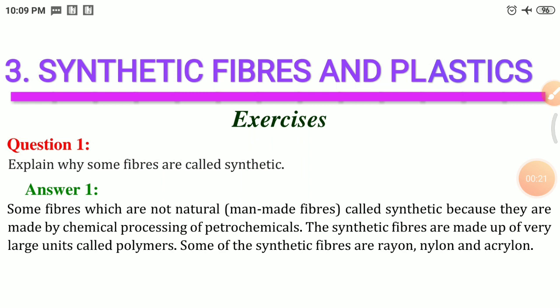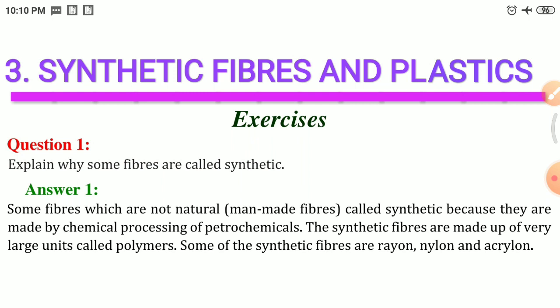Question number 1 is explain why some fibers are called synthetic. So here, as we know, the word synthetic indicates that it is not natural, it is made by man, or we can say man-made. That's why we are calling it synthetic.